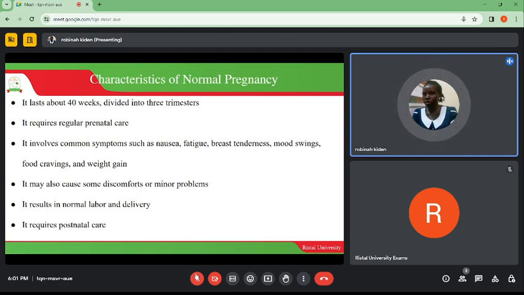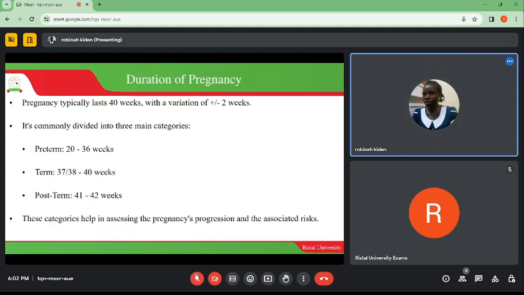These are some of the minor signs that can be involved during pregnancy. It may also cause some discomforts or minor problems, though they should not be very complicated. A normal pregnancy results in a normal labor and normal delivery, and it requires postnatal care.